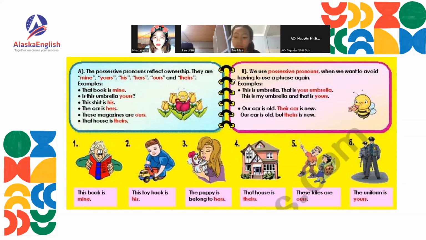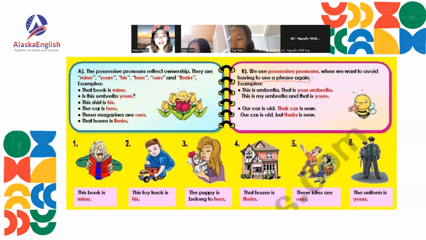How about if I ask Baoling? Baoling, why do we use possessive pronouns? Kindly read letter B. We use possessive pronouns when we want to avoid having to use a phrase again.